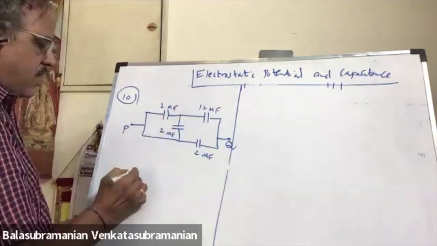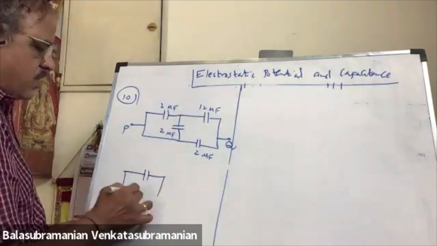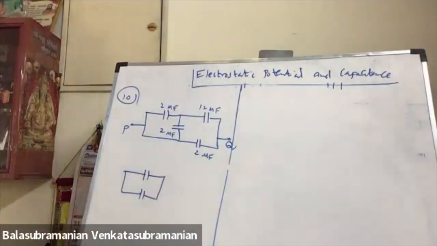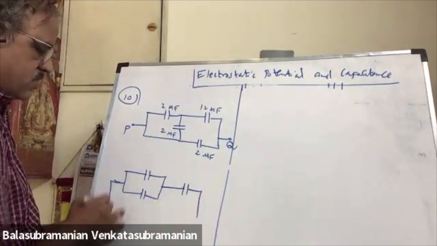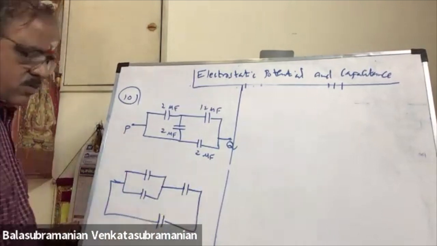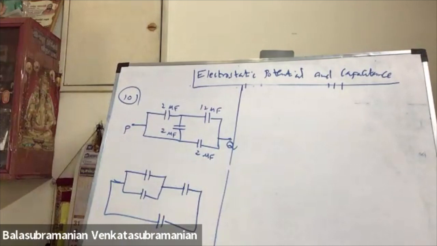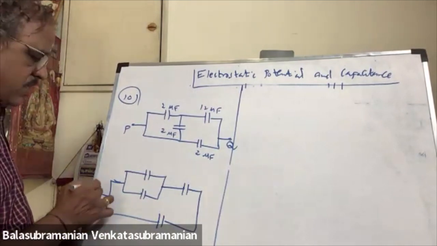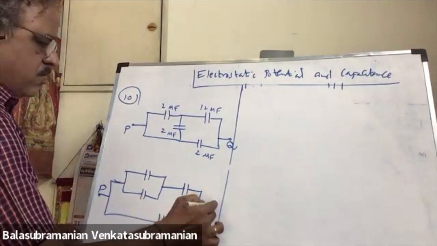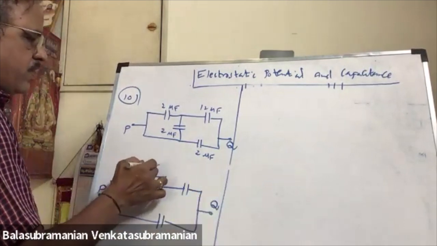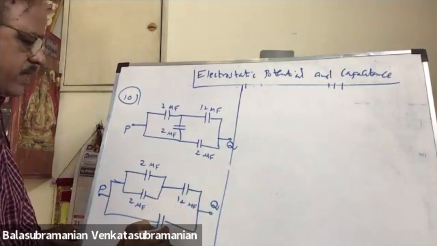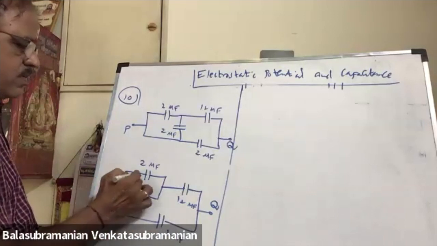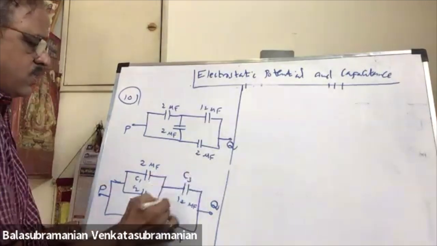These two are in parallel. Equivalent circuit first we will draw. These two are in parallel, connected to another capacitor in series, and another capacitance in parallel. So P and Q is here. 2 microfarad, 2 microfarad, 12 microfarad, 2 microfarad: C1, C2, C3, C4.